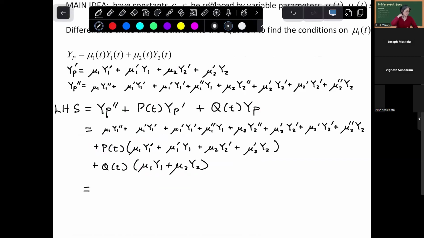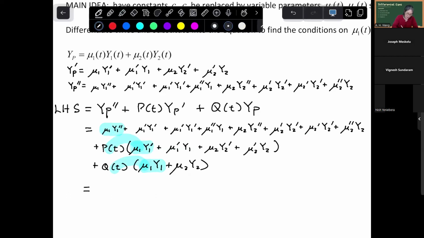Okay, so first thing, looking at this, we're going to look for things with mu1. So this one, let's see, what else has a mu1? This one. But remember, when you do this, you have to distribute. So you have to distribute, and here's a mu1 as well. And don't forget, you have to distribute right here.